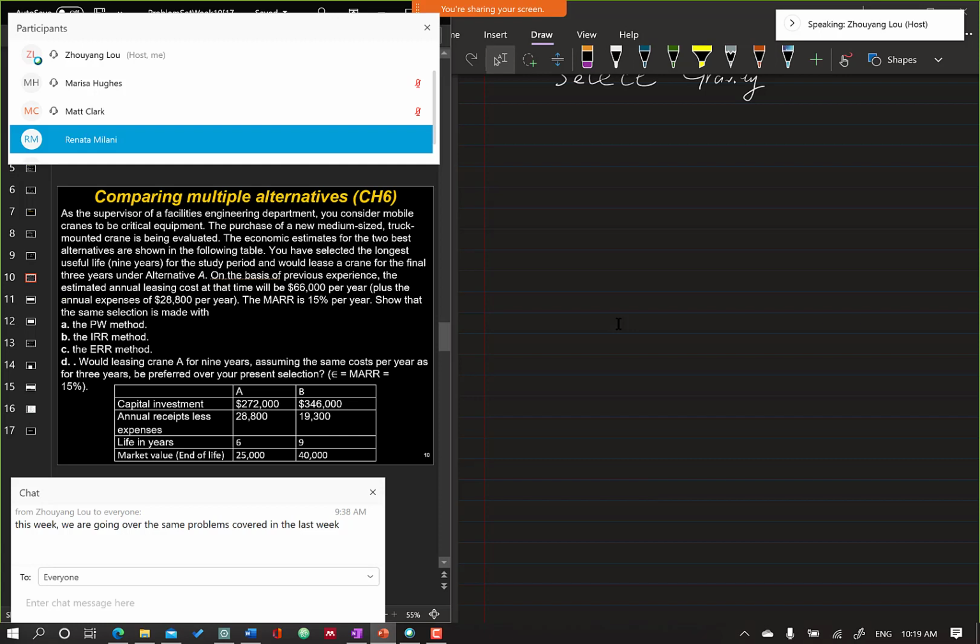I think those 2 problems may be enough, but if you have other questions, we can answer after these problems. Or you can let me know now what other confusions you may have. Then we will go to the other problems on comparing multiple mutually exclusive projects using other methods like present worth and internal rate of return.